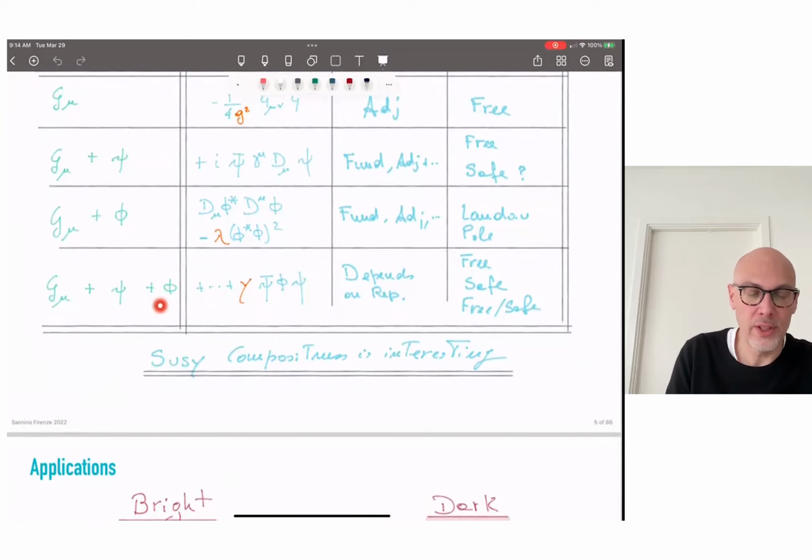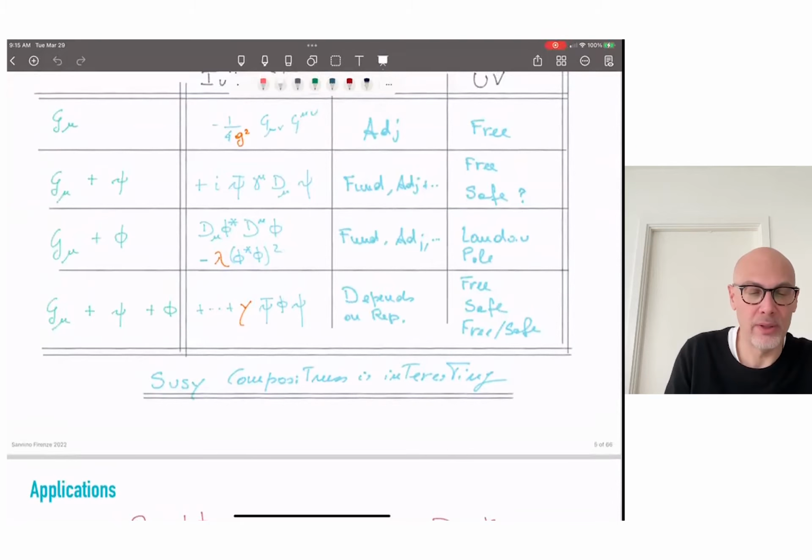Then, of course, you can go to a structure which is more similar to the standard model. So you have gauge interactions, fermions, and scalars. And as soon as you have scalars, in principle, you can also have new types of interactions beyond the self-coupling and the gauge coupling. You can also have Yukawa coupling. This is basically the making of the standard model. Effectively, that is the procedure we follow to insert all these operators.